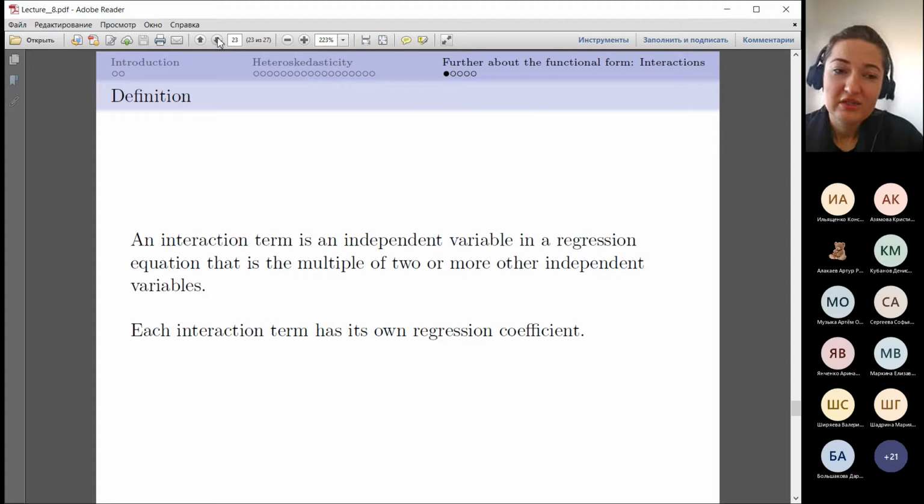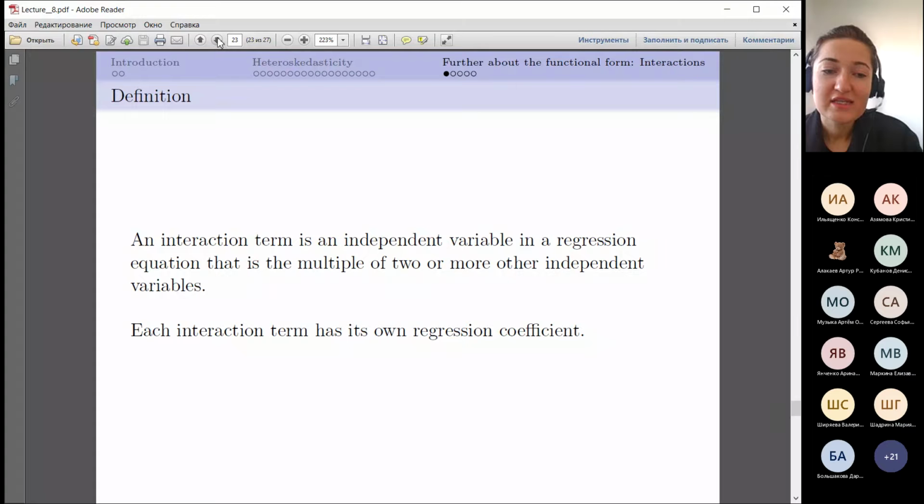It's an interesting topic because in this case you can check some interesting hypotheses about the relationship between the dependent and independent variables, and you can take into account one more independent variable when you check the relationship. So you can divide the effect into different groups.